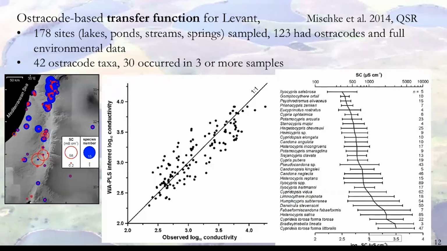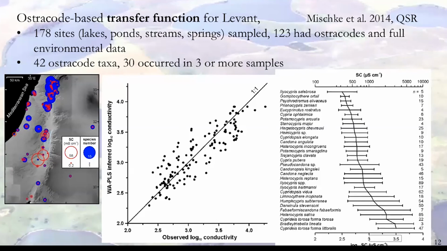From that, they found 42 ostracod species, and of that, only 30 occurred in 3 or more samples. We don't want to end up using something that only exists in one location, which may have been brought in by, say, an aquatic bird and is not really native to that lake, so those are eliminated.